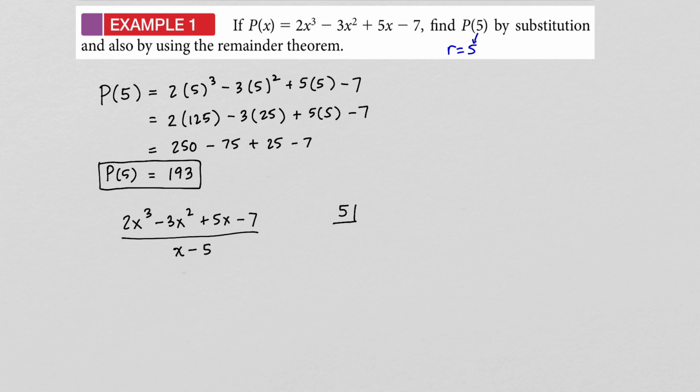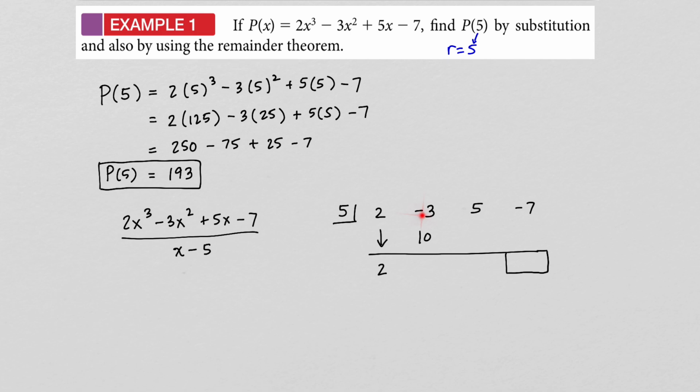And then we represent our polynomial: 2x cubed, negative 3x squared, positive 5x, and negative 7. Let's go through the synthetic division process, and keep in mind that whatever you get here is going to be your remainder. So if this is true, this should be 193, right? Okay, so let's go through it. 2 comes down. We're going to multiply 5 times 2, which gives us 10.